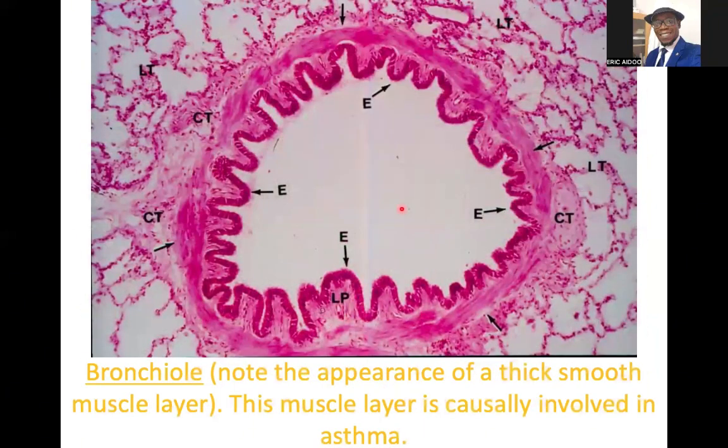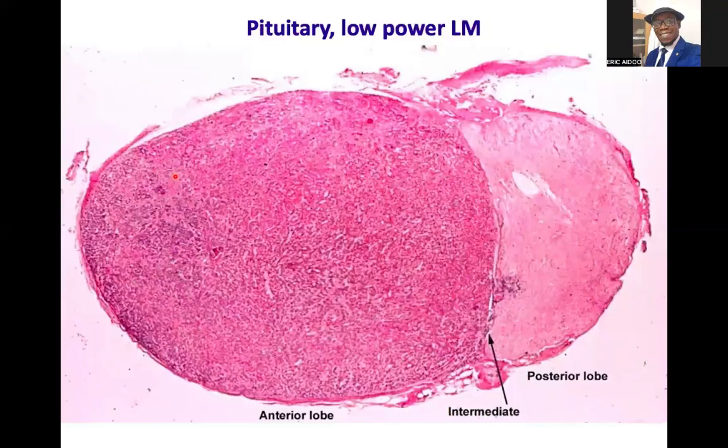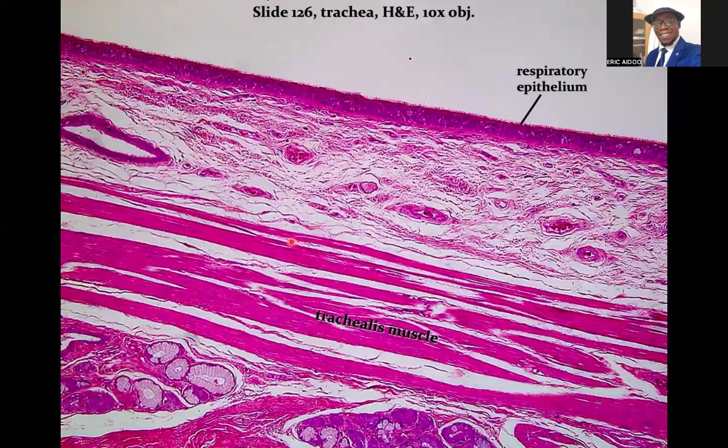So this is the bronchiole. You are looking at the respiratory system now. Again, you can see a very pink outline here. It's smooth muscles. That is the lining epithelium. And this is the pituitary. Anterior lobe, posterior lobe, all H and E stains. Very beautiful.